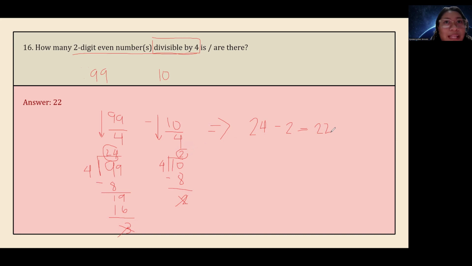Okay, so the smallest two-digit number that we can have that is divisible by 4 is 12. So we will just have to add 4 each time. Okay?